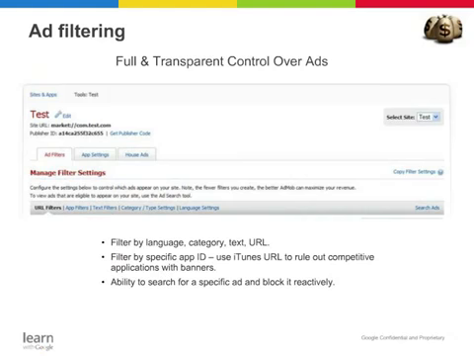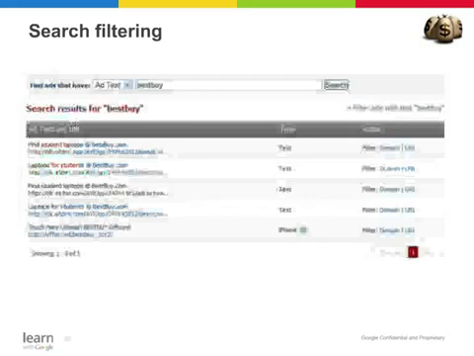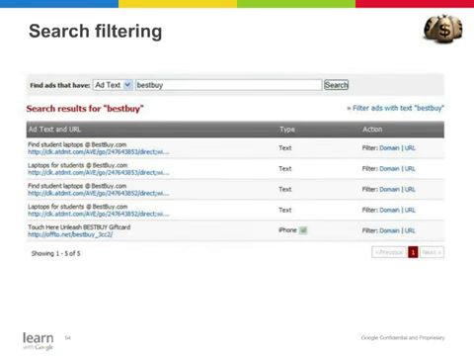As an AdMob publisher, you also have full control over the ads that you serve. Our robust filters include URL, app, text, category, language, and search filters. So you never really have to be afraid of showing an ad that you don't want to show unless you're opted in to backfill. Now, here's an example of how search filtering works in action.